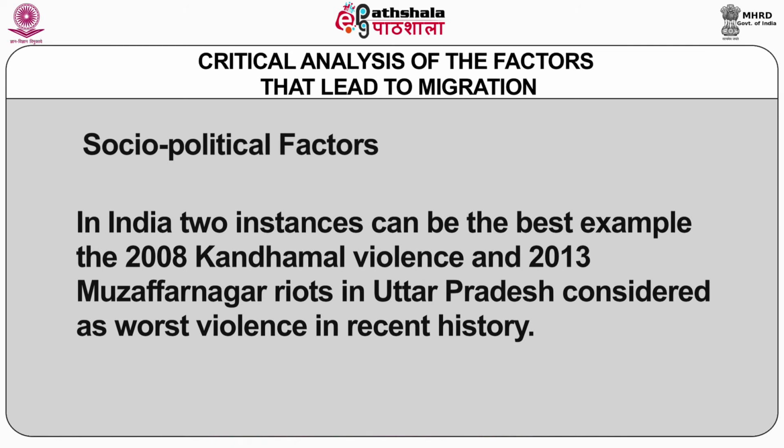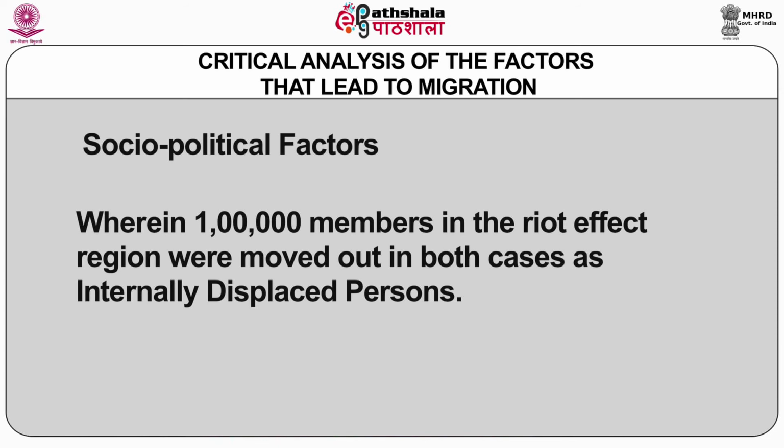The 2008 Kandhamal violence and 2013 Muzaffarnagar riots in Uttar Pradesh, considered the worst violence in recent history, wherein 100,000 members in the riot affected regions were moved out in both cases as internally displaced persons.